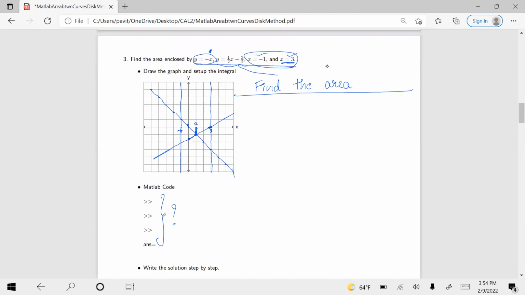Now, what type of functions do we use? Do we differentiate or do we integrate to find the area? Do we use integration or differentiation while finding the area?